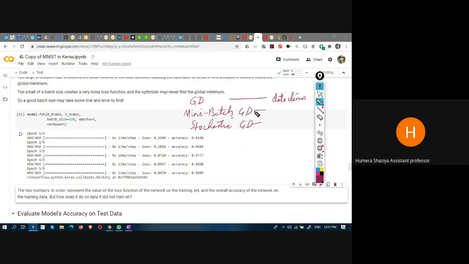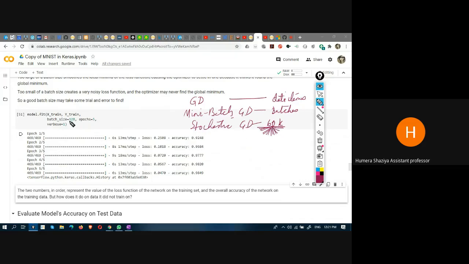Mini batch gradient descent is dividing the data items into batches, like how we are doing here. And stochastic gradient descent means you train every data item separately. We have 60,000 images, so every data item will be trained separately. You understand? So this is stochastic gradient descent.